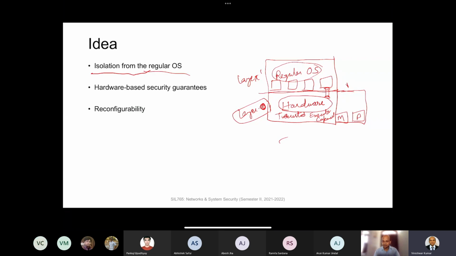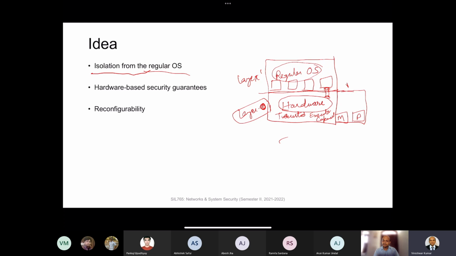There is very limited communication between the regular OS and the hardware. There is a very limited way that you could communicate between these two. And since this is in the hardware, it is not possible for a malware to make changes, because malwares make changes in the software. If an attacker does not have physical access to your device, then they will not be able to modify your hardware.